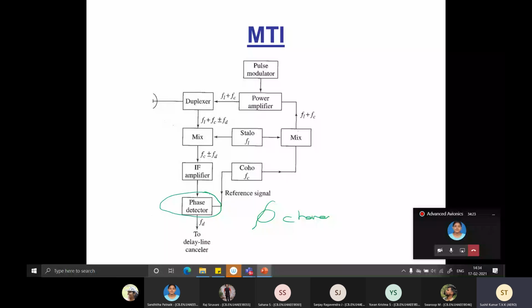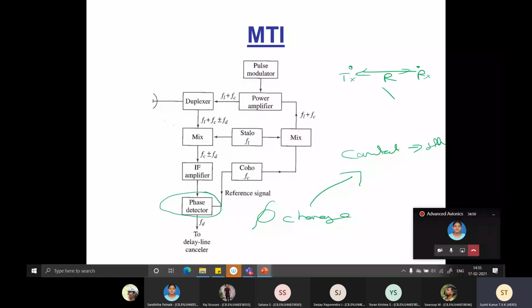Now this phase change is constant for stationary targets. Depending on the distance, right, you can make out. In fact, you can even calculate what will be the phase difference from your basic high school physics. You know what is your transmitter frequency. It's getting reflected at a distance r.